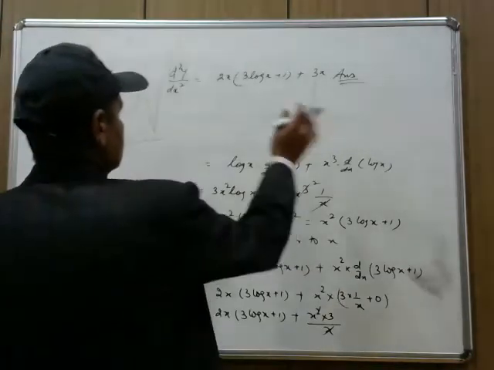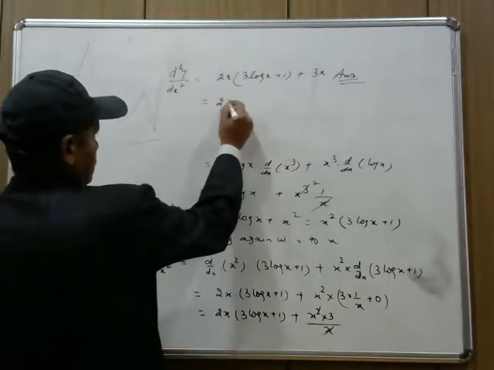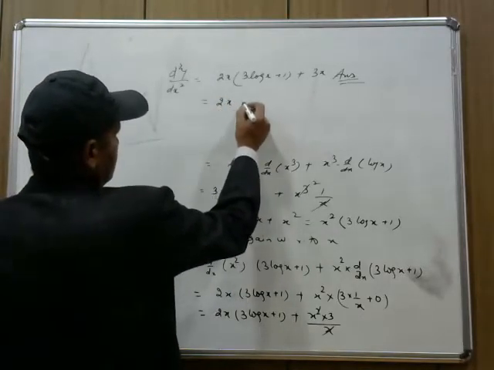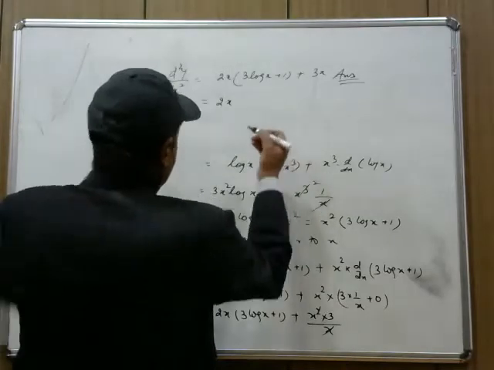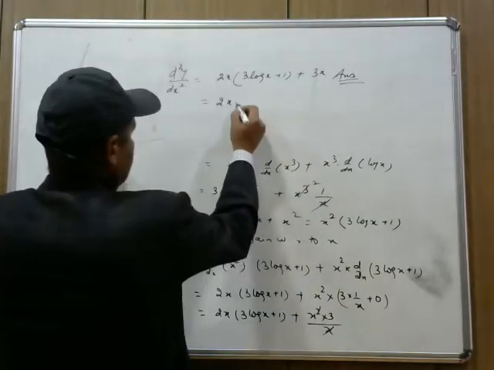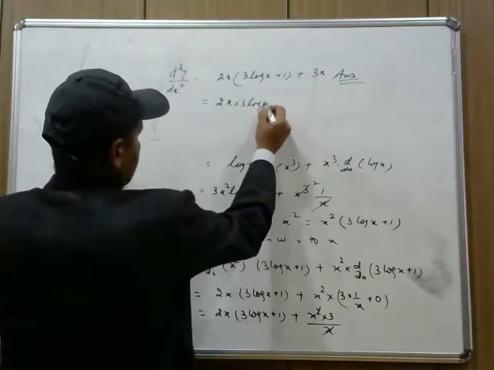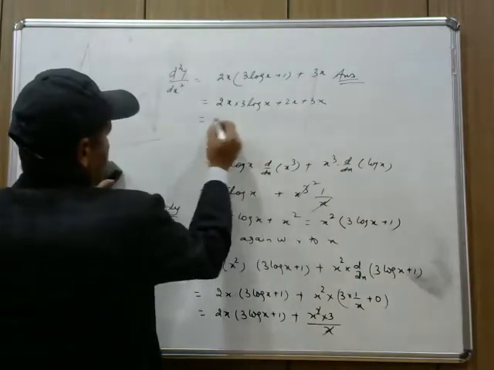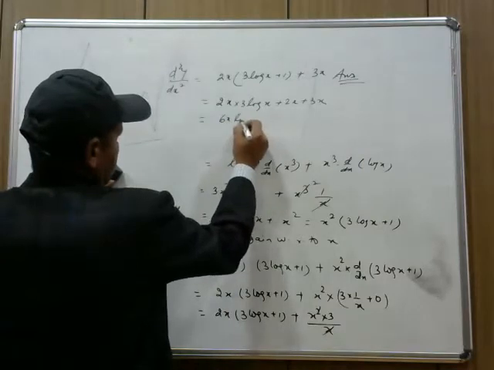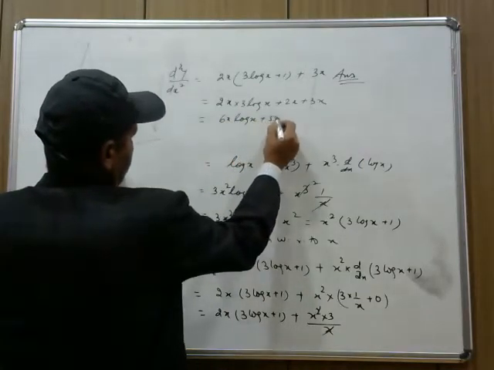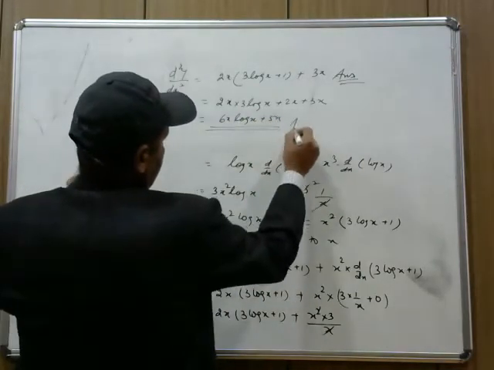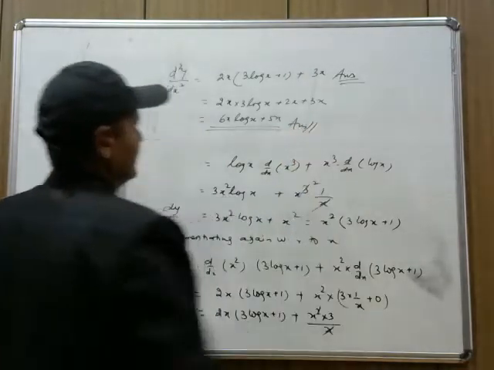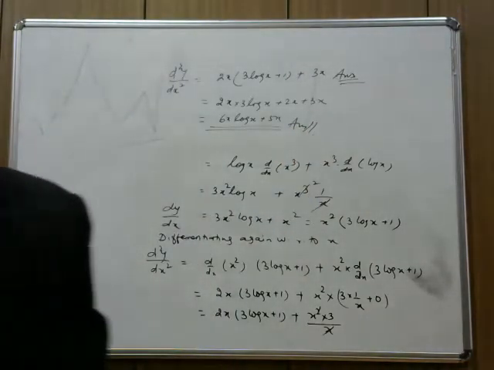If you want to, like this, 2x into 3 log x, that means I can write 2x into 3 log x plus 2x plus 3x is equal to 6x log x plus 5x. That also we can write: 6x log x plus 5x.